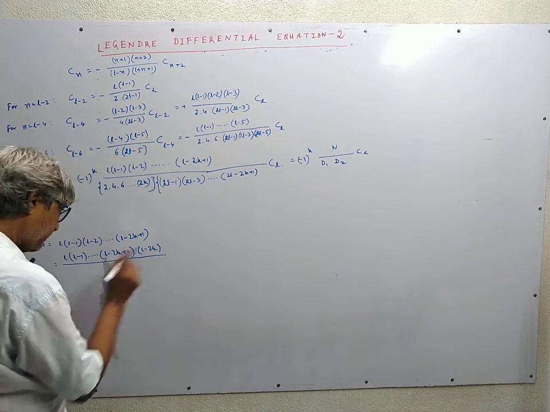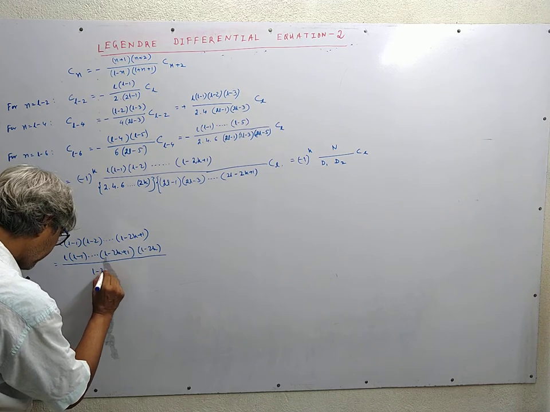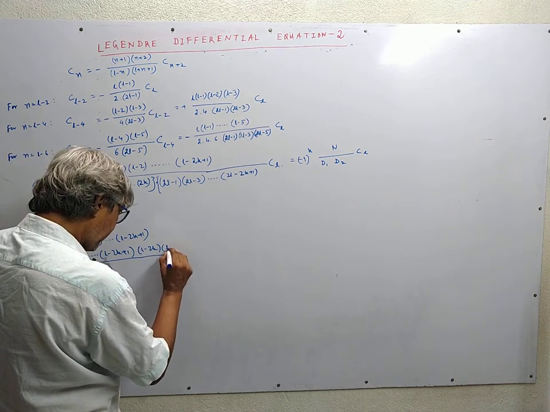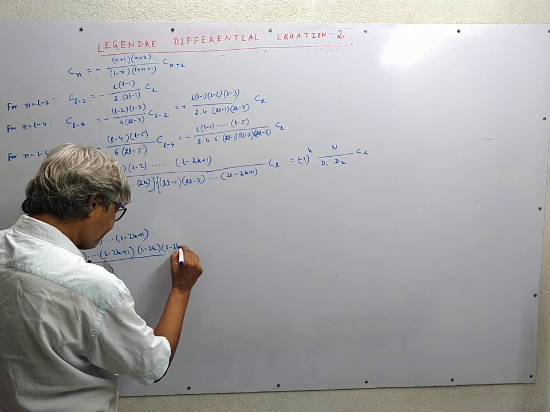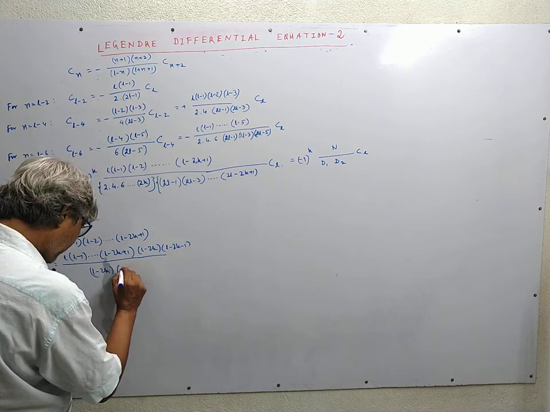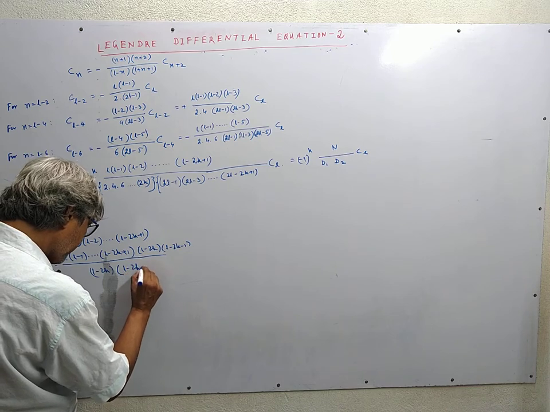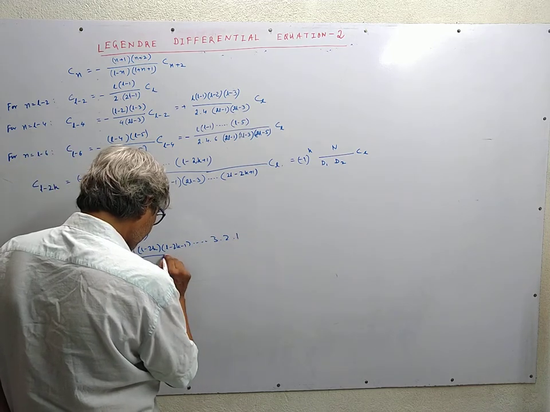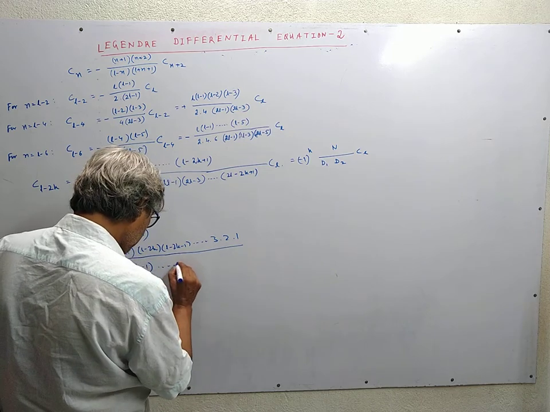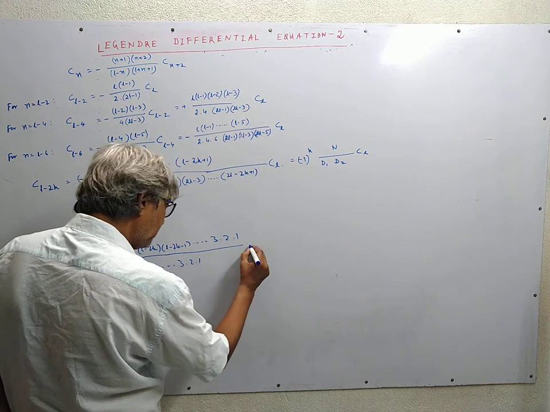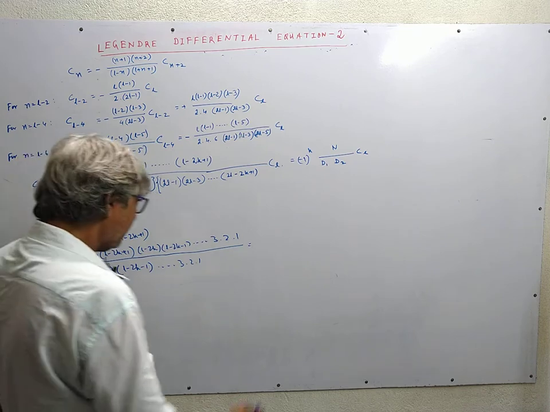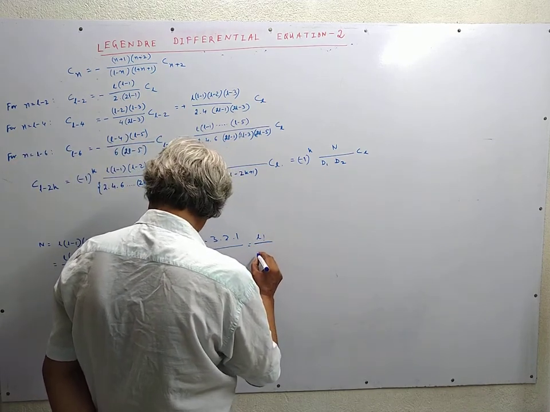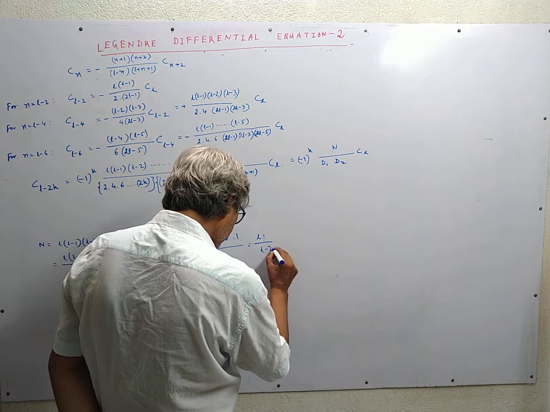So you multiply L minus 2k in the numerator, then the next term is L minus 2k minus 1, up to 3, 2, 1. The numerator part is L factorial, and the denominator part is L minus 2k factorial.